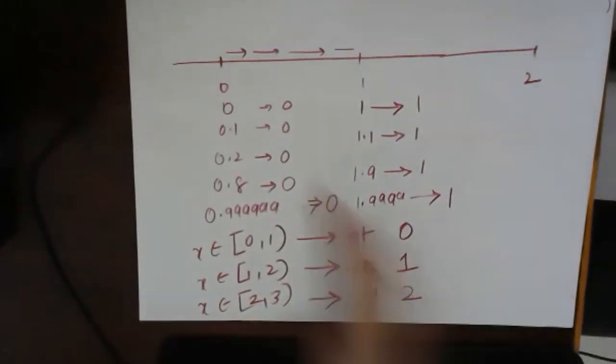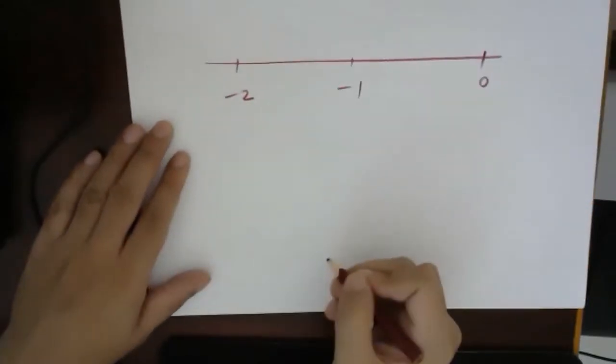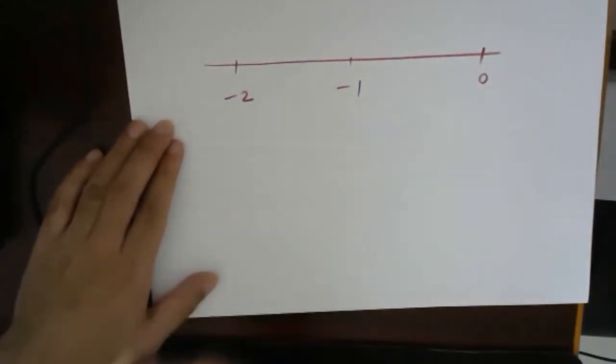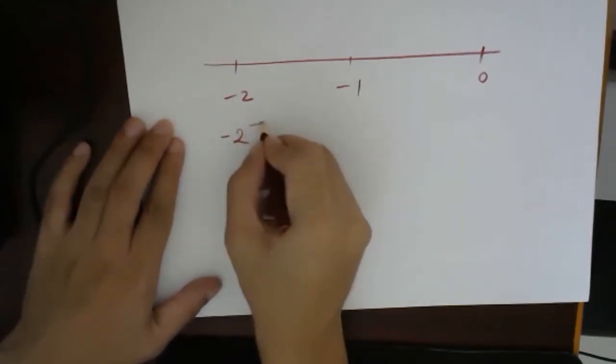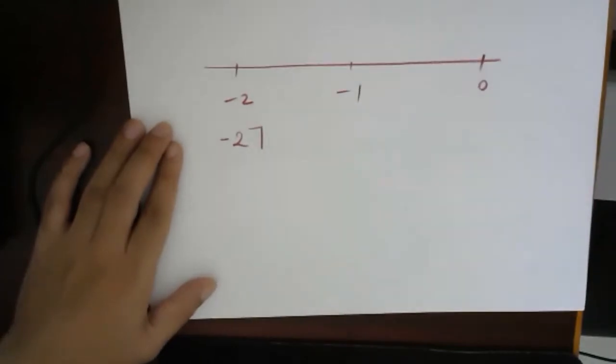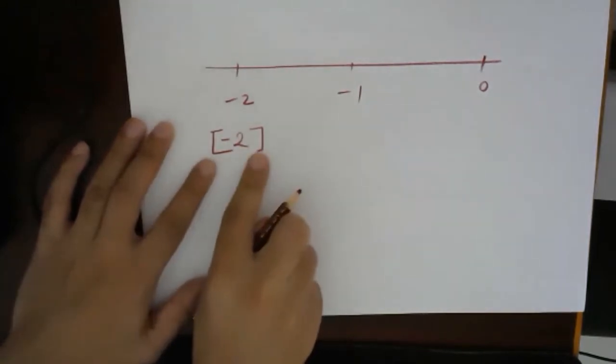I will take one example for negative also. Suppose I have 0, here it is minus 1, here minus 2. Now, if I write minus 2, what will be the integral part? I will simply represent the integral part with this symbol.